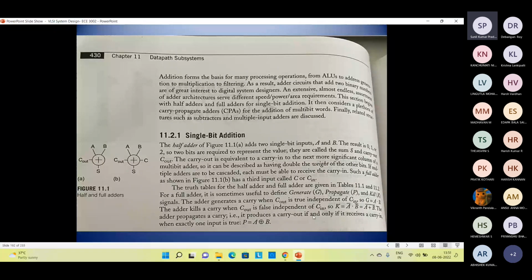So this propagate will be A XOR B. So this is K. This is G, which is A dot B, the AND operation between A and B. K is basically the NOR operation, (A plus B) complement, or the AND operation between A complement and B complement, and propagate is equal to the XOR between A and B.